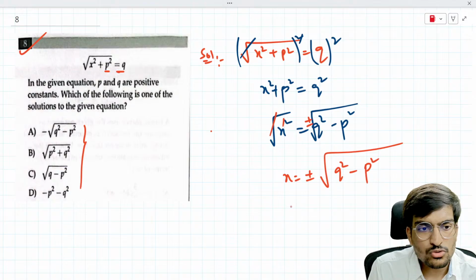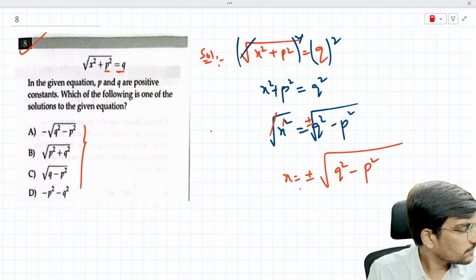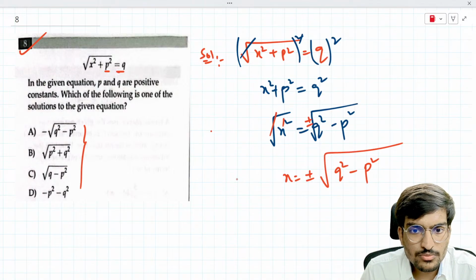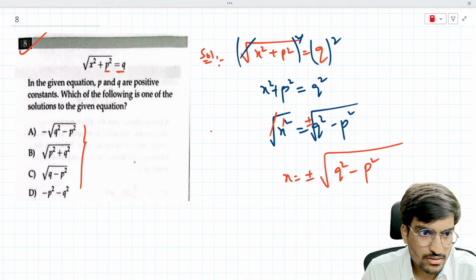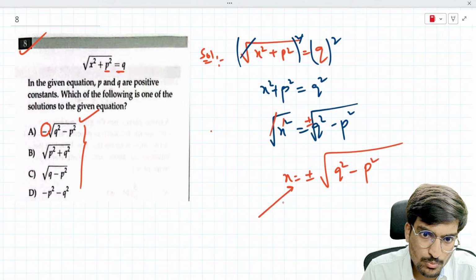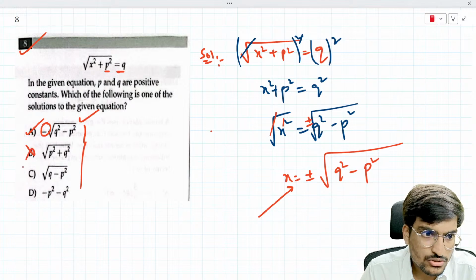So which option do we have? That's going to be q square minus p square, and we have both positive and negative. So it's option A. It's not B. It's not C because it is only q, there is no square. It's not D as well, there is no root.